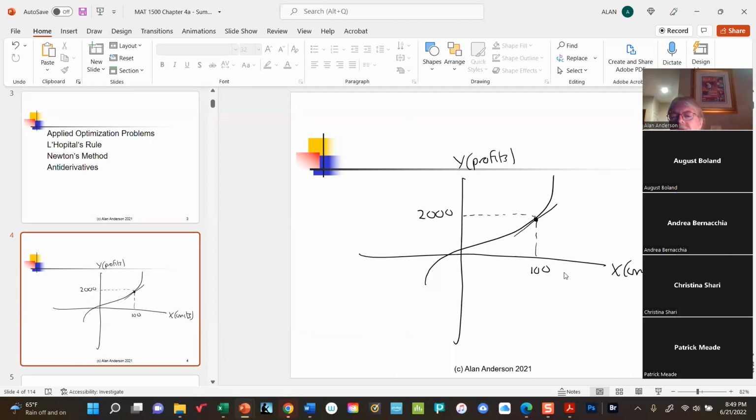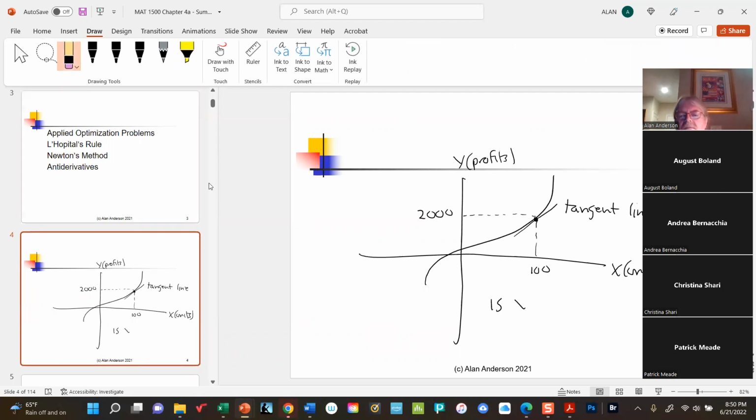So what we can do here is use this tangent line to give us at least an approximation of what will be the impact on Y of a change in X. By the way, this may not be the best drawing, but the idea is that you can use a tangent line to give an approximation of how much this function changes when X changes.